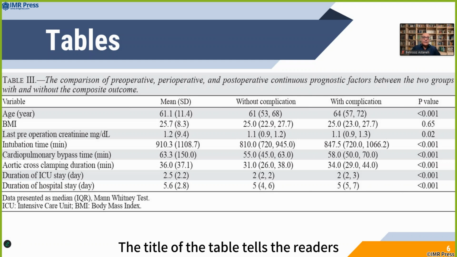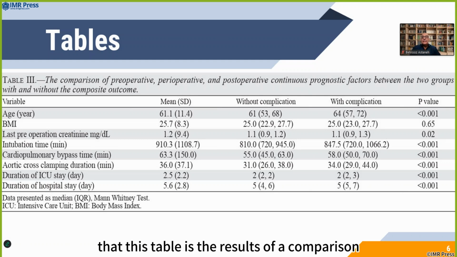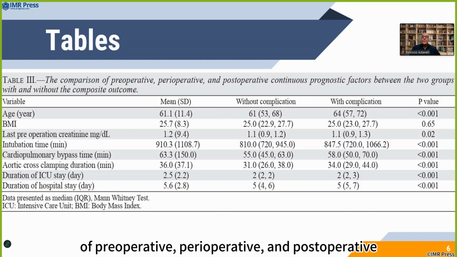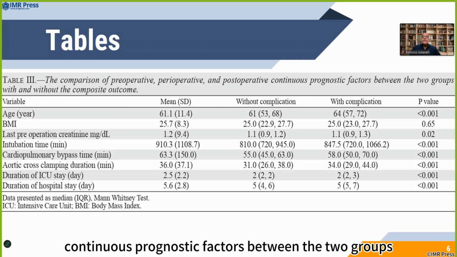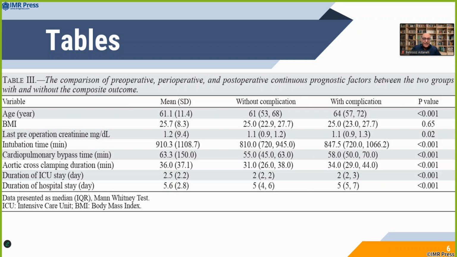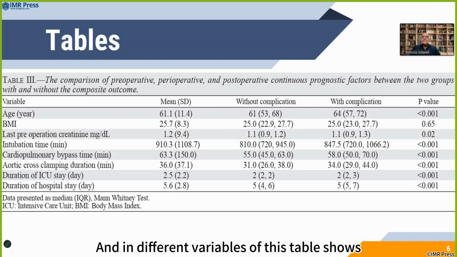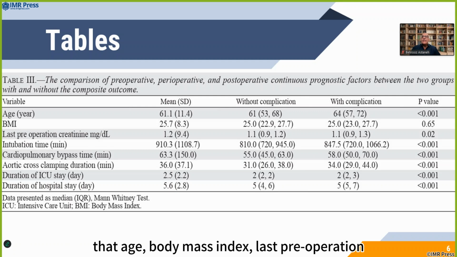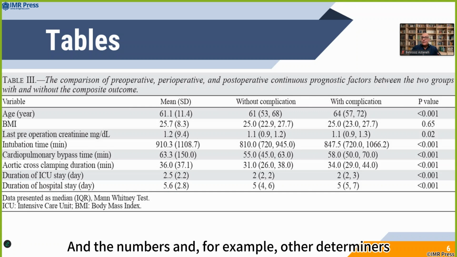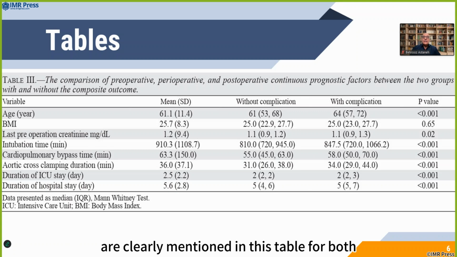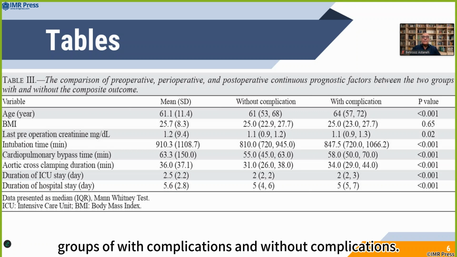The title tells the readers that this table is the result of a comparison of preoperative, perioperative, and postoperative continuous prognostic factors between the two groups with and without the composite outcome. The variables in this table show age, body mass index, last pre-operation creatinine, and other information. The numbers and other determiners are clearly mentioned in this table for both groups, with complication and without complication.